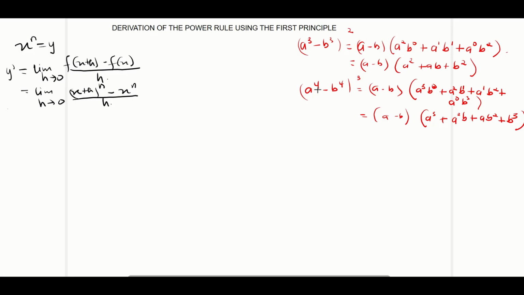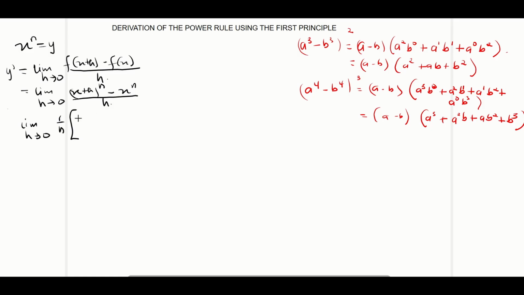So we are going to use this same explanation to expand (x plus h) to the power n minus x to the power n, where x plus h will be our a and x will be our b. This shows that we have the limit as h approaches 0, and we know the whole thing is divided by h.